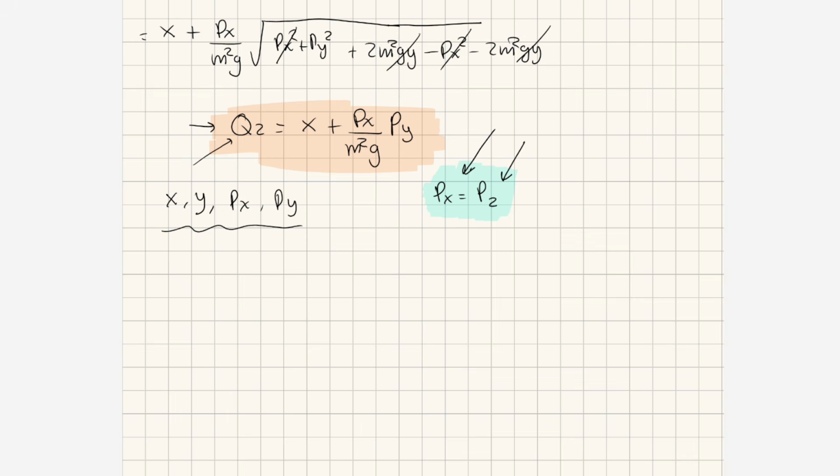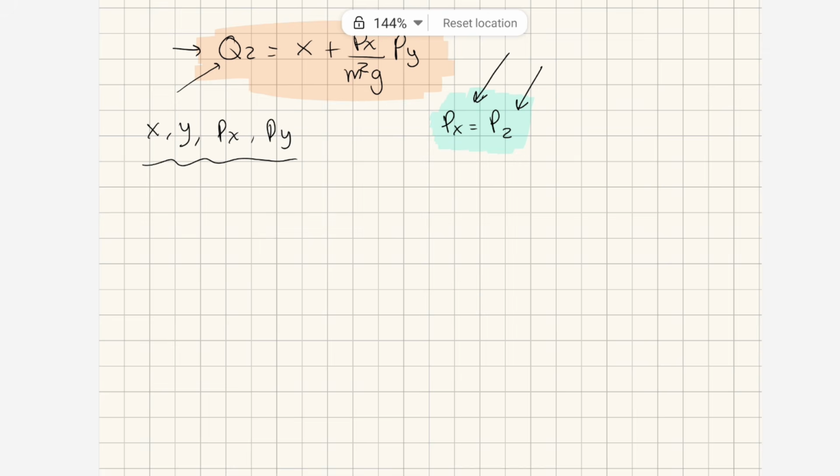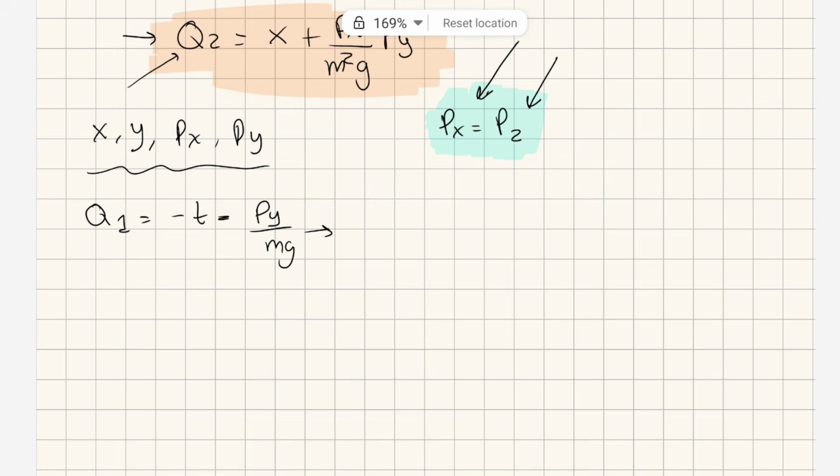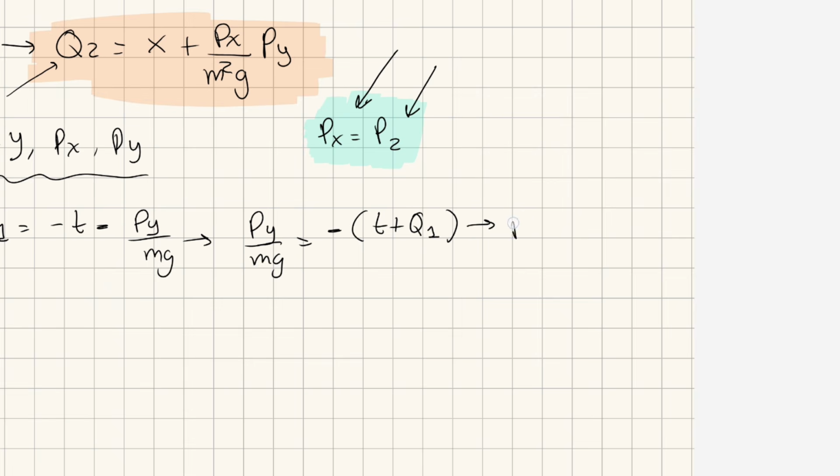Perfect. We have found also that q1 is equal to minus t minus py divided by mg. So we can solve this easily for py. We will get that py divided by mg is equal to minus t plus q1. So py is equal to minus t plus q1 times mg.